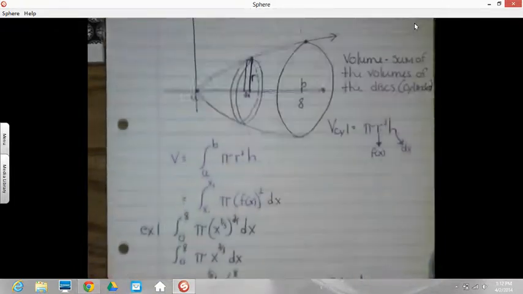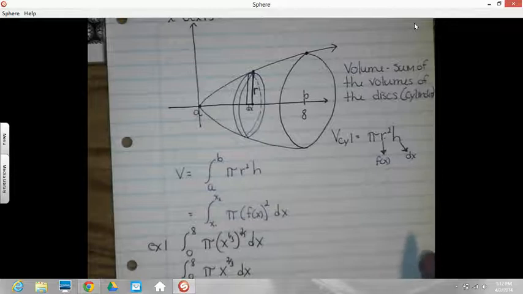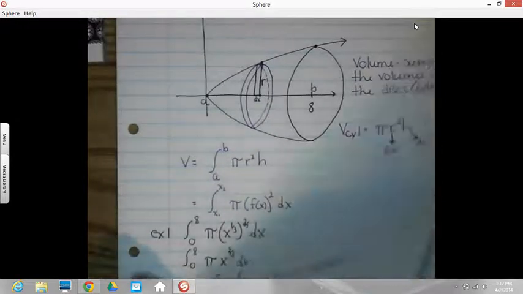Let's turn things around. Now let's revolve around the y-axis and see what changes.